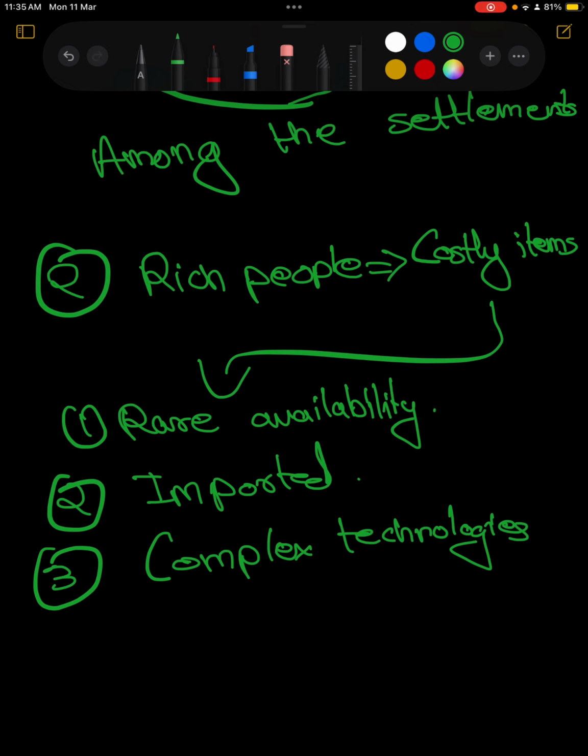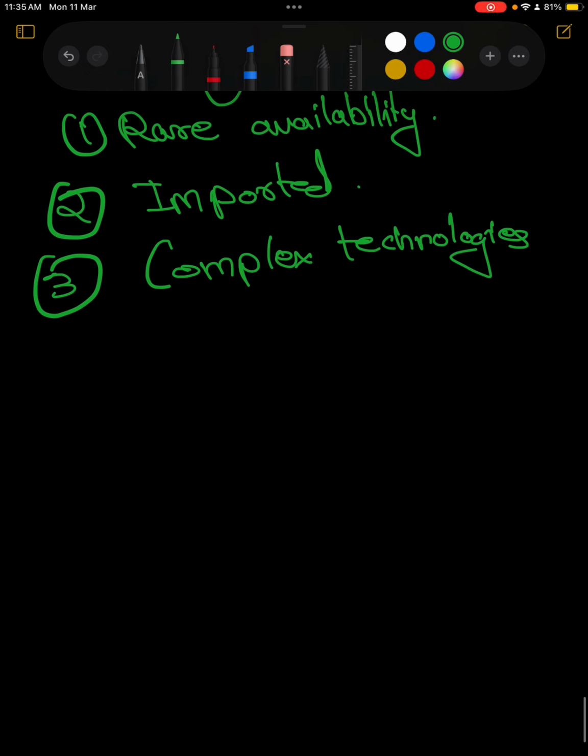So just like that, in the earlier times, we also considered items as luxury or expensive because they were rare in availability, they were imported, or most importantly, they were made of complex technologies. Okay, they were used through these methods.